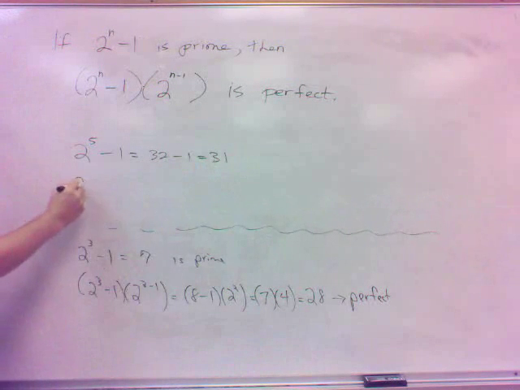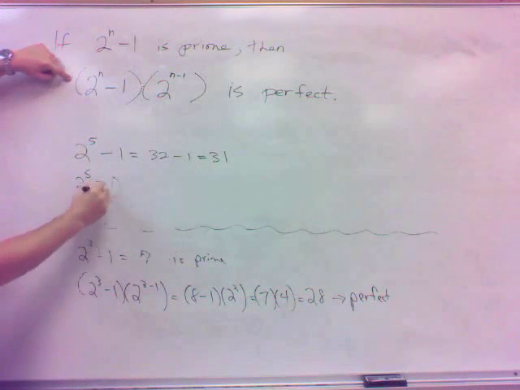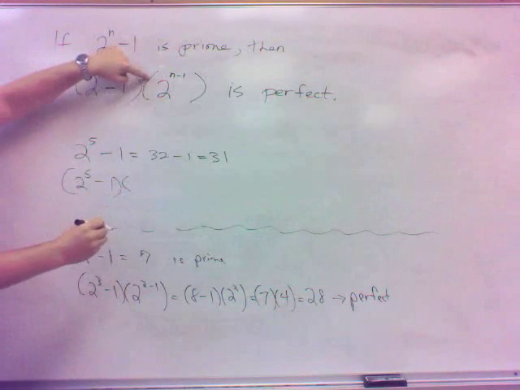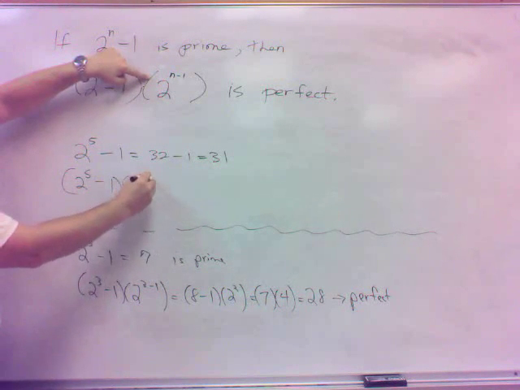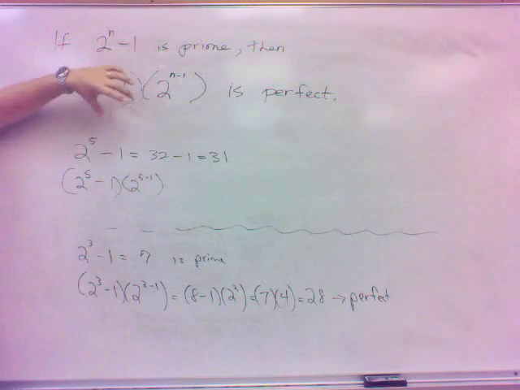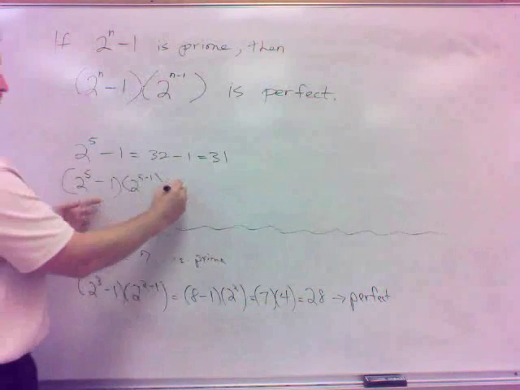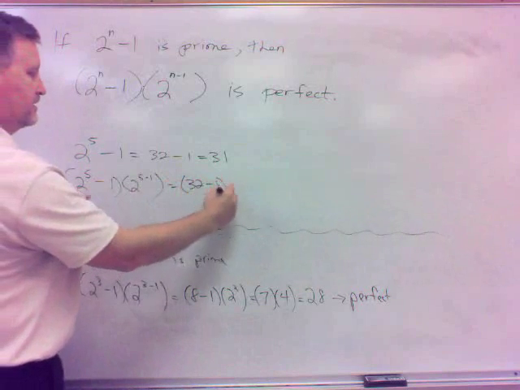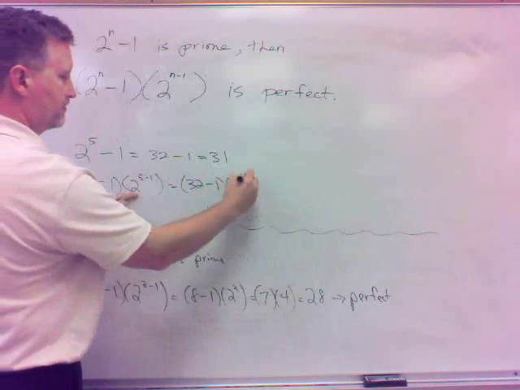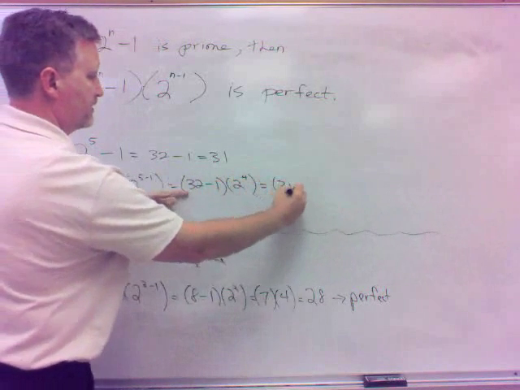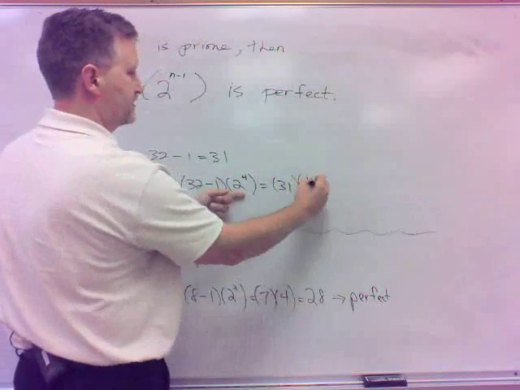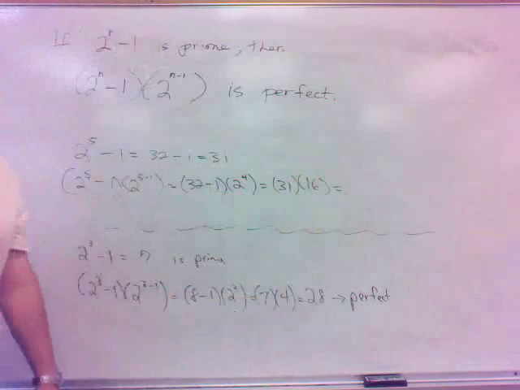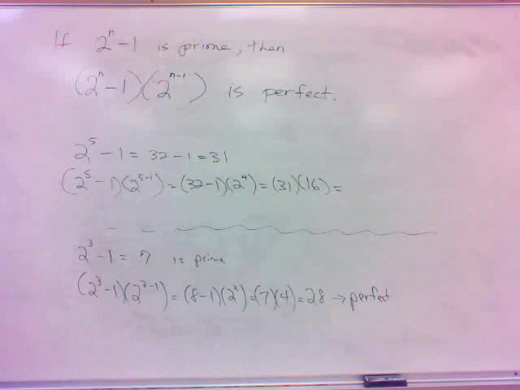So then we go 2 to the fifth minus 1 times 2 to the 5 minus 1. First would be 32 minus 1, and this would be 2 to the fourth. So that's going to be 31 times 2 to the fourth, which is 16. What does 31 times 16 give you? Somebody punch it up.